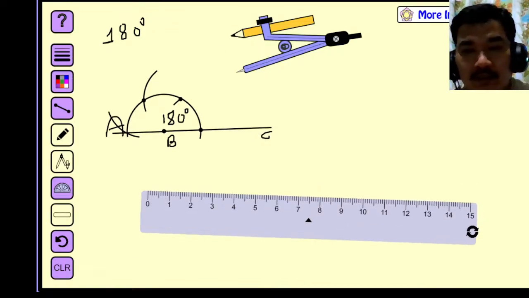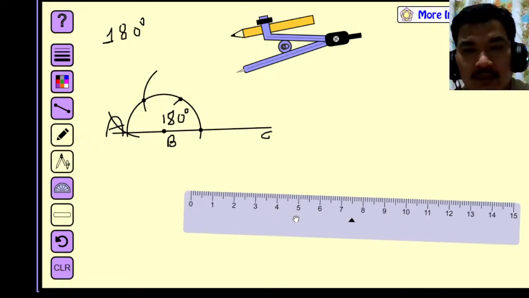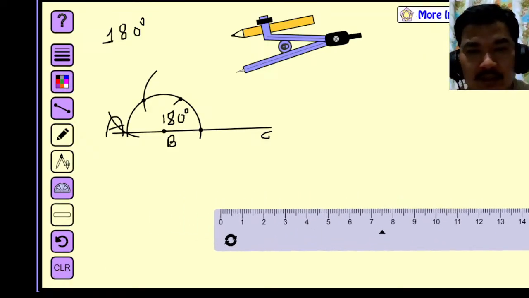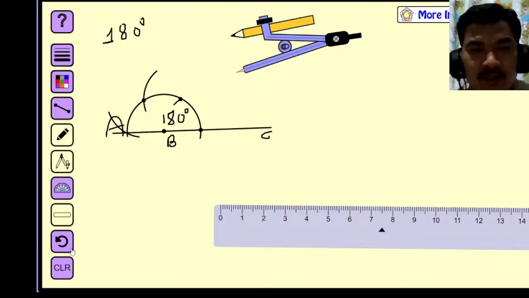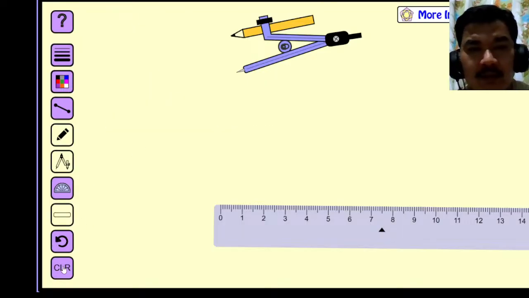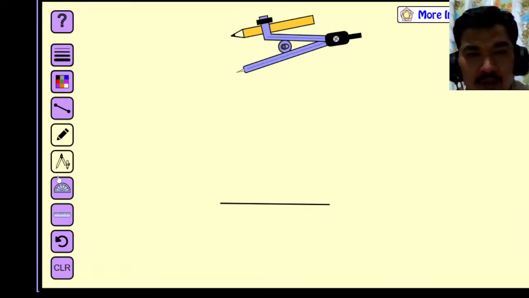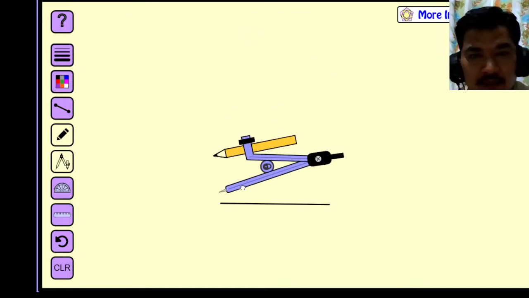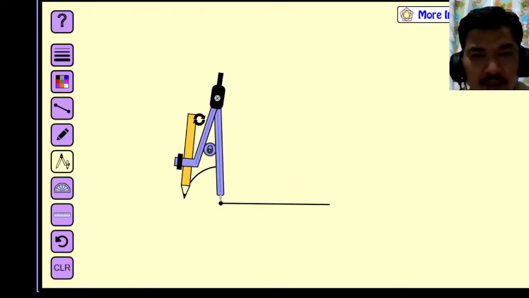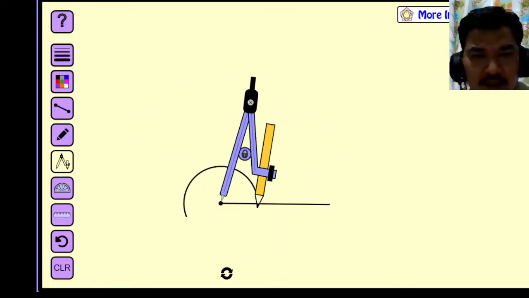Look here. I want to show you the next angles. Okay, before that I want to clear this 180 degree. Draw here one line segment whose length is 5 centimeter. Okay, and we know, take the help of this compass and put it here, and draw here one main arc.